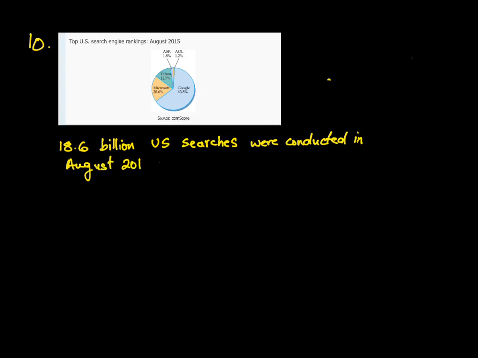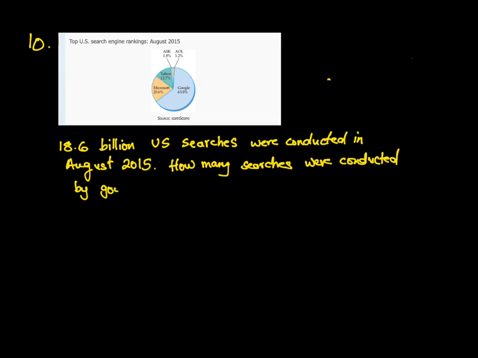So that's the information given to you. You need to find out how many searches were conducted by Google. How many searches were conducted just by Google in August of 2015?